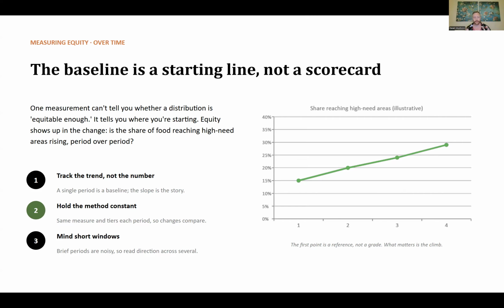As we talk about these metrics, you're going to want to talk about the trend, not the number. You're going to hold the method constant. And you're going to want to be careful when windows are short, right? That initial one I showed you was only 1 month in either direction, and that is significant.